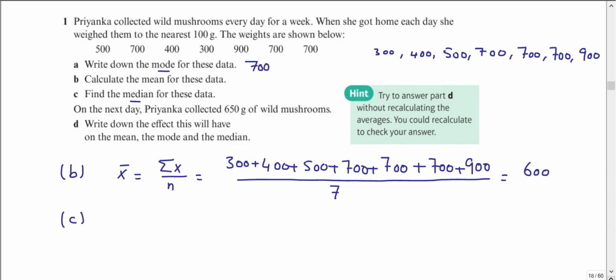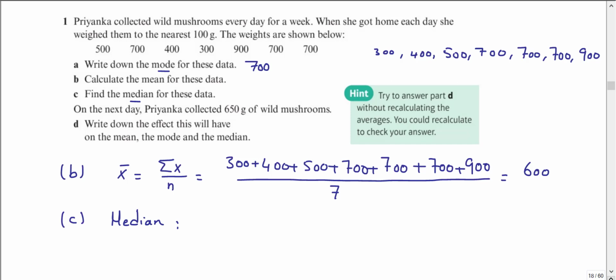Very good. Now, how about the median? How would you find the median? It's the middle number.